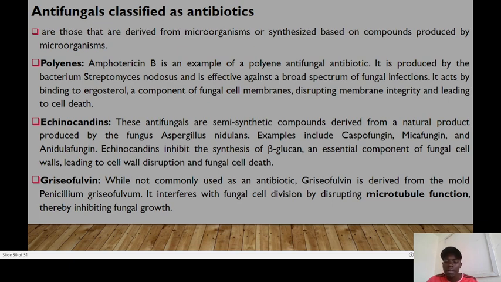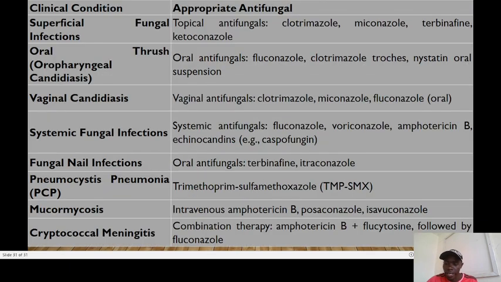Now we have the most appropriate drugs for each fungal infection. For superficial fungal infections, we use topical antifungals like clotrimazole, miconazole, terbinafine, and ketoconazole. What about oral thrush, the oropharyngeal candidiasis?